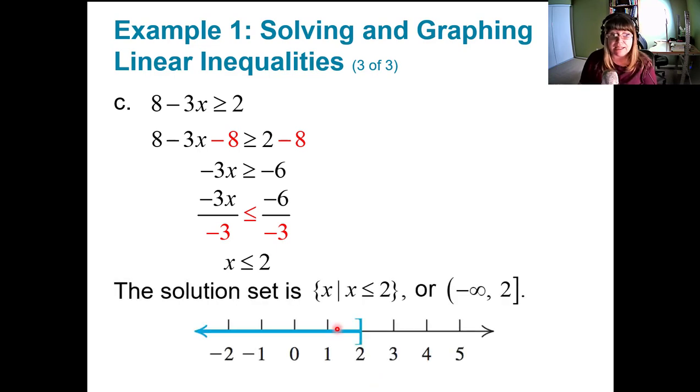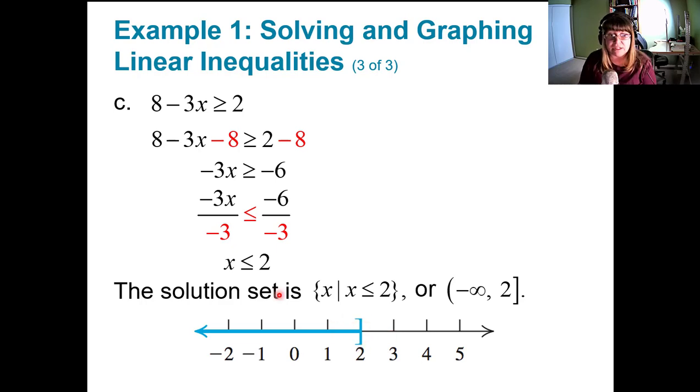Now our set is all values of x such that x is less than or equal to 2. Because we are including 2, we have a bracket on our interval notation. So from -infinity to 2, including 2. Likewise, this bracket is also included in our graph of our solution.